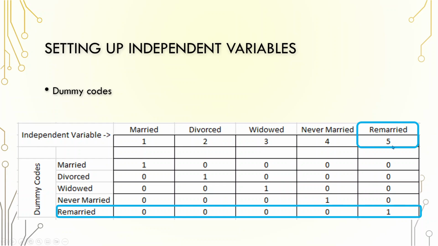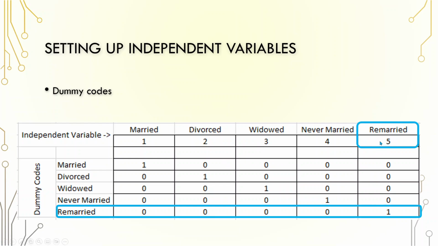Let's just say we didn't have very many people in the widowed and remarried category, but all the others did. I might then classify this as something like ever married, right? So the thing that the married, divorced, widowed, and remarried groups all share is that they have been married at some point.